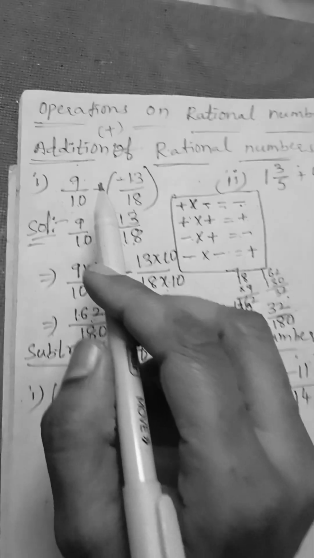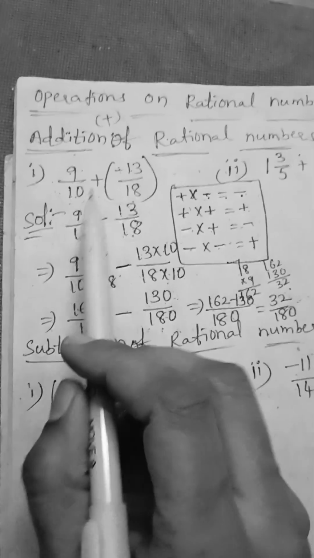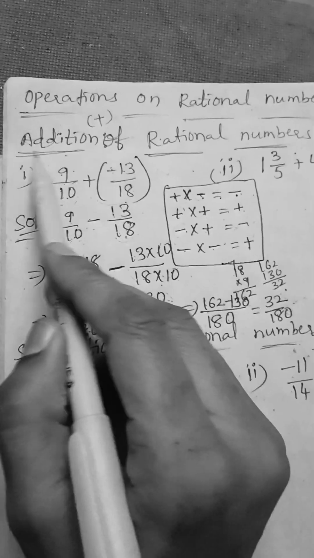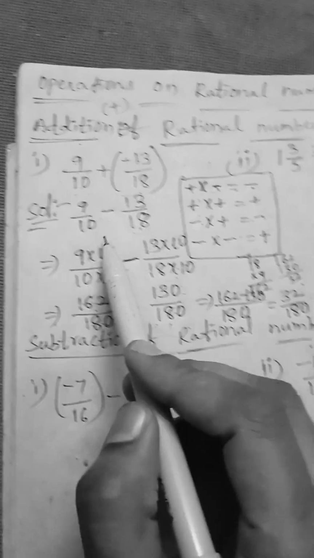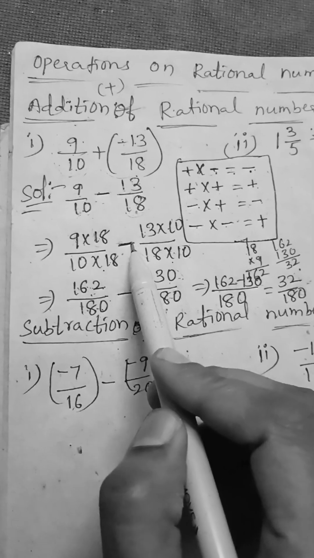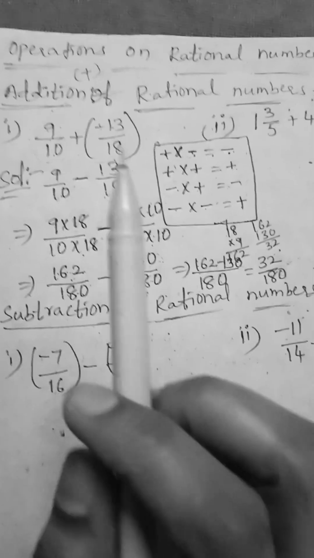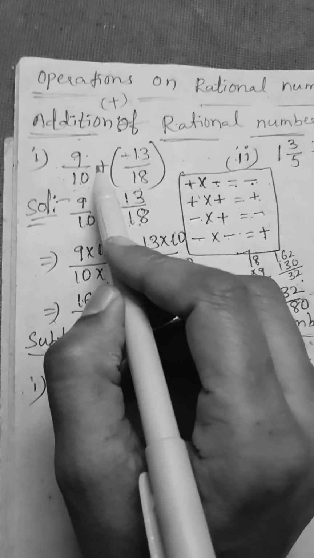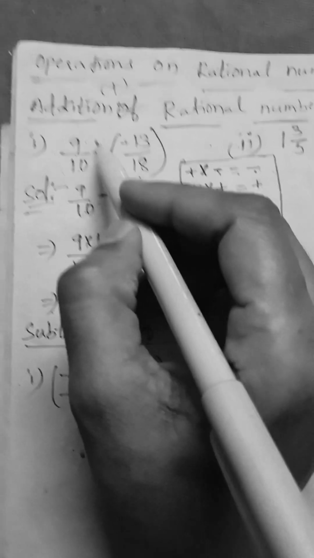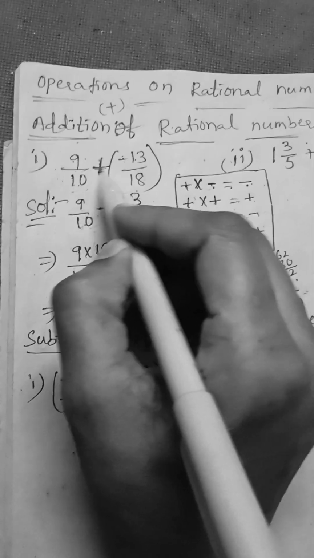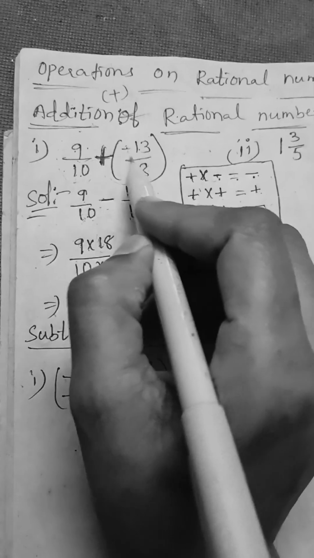Now here you can get one doubt. Ma'am said addition, but here ma'am is doing a subtraction. Why? You will get a doubt. But here we kept plus, that is addition of two fractions.